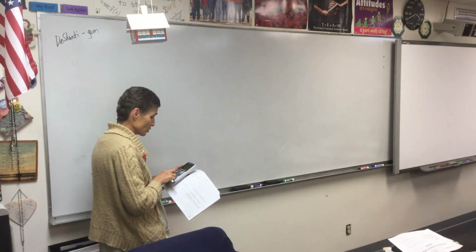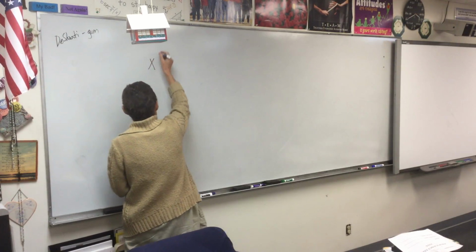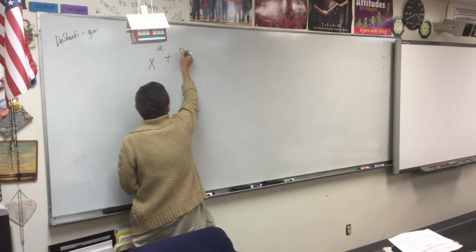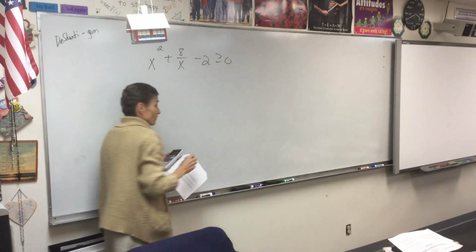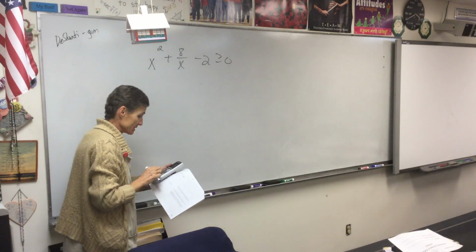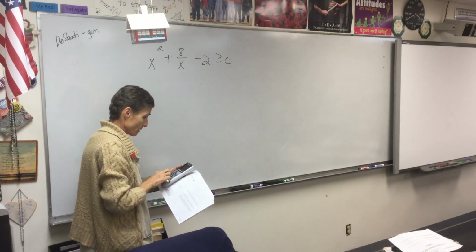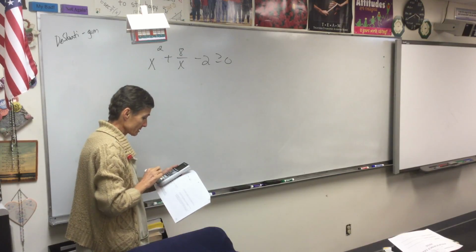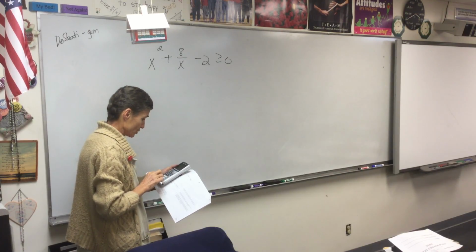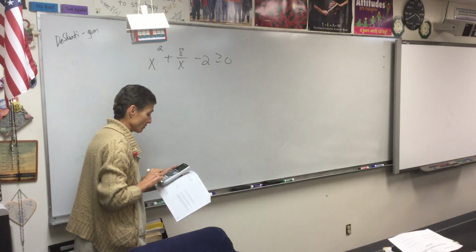Oh, actually, I'll move that 2 over. I didn't notice that 2 was on the other side. So I'm going to move the 2 over. So I have a 0. So x squared plus 8 divided by x minus 2. And I hit graph.